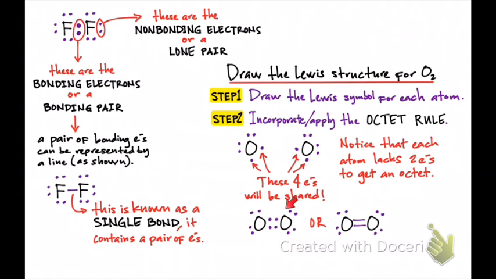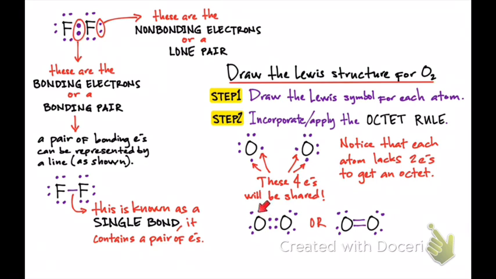So in other words, they can share a total of 4 electrons. And whenever you're counting the total number of electrons for each atom, you can see that this oxygen right here has a total of 2, 4, 6, 8 electrons.